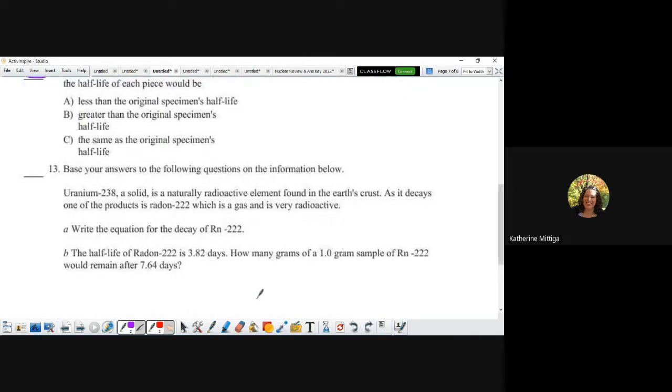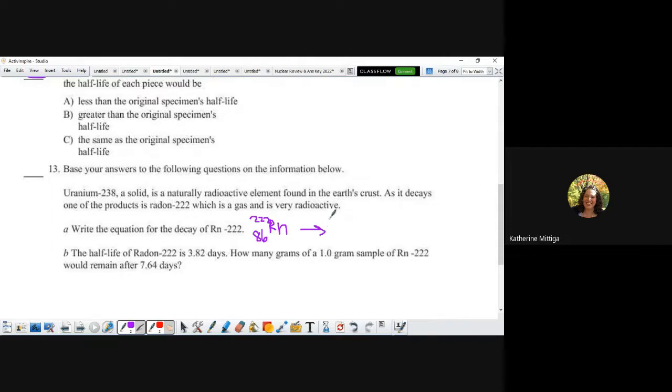Uranium-238 is naturally radioactive. As it decays, it produces radon-222. Okay, so write the decay equation. Radon-222. Radon is 86, which you actually don't need. You don't have to put protons, but I like to because it helps.